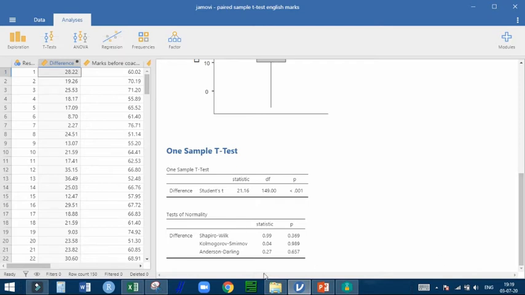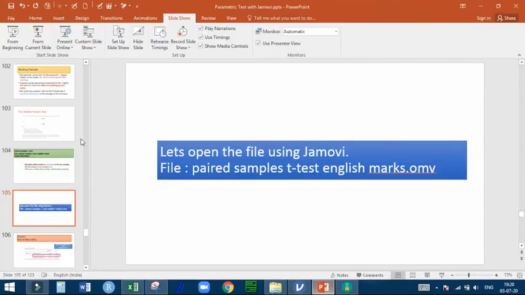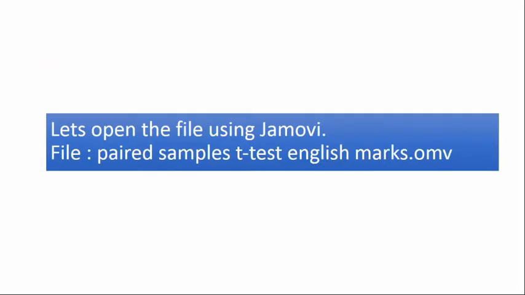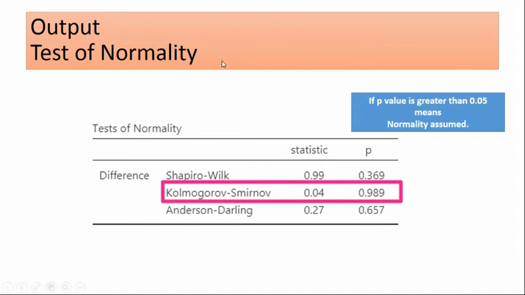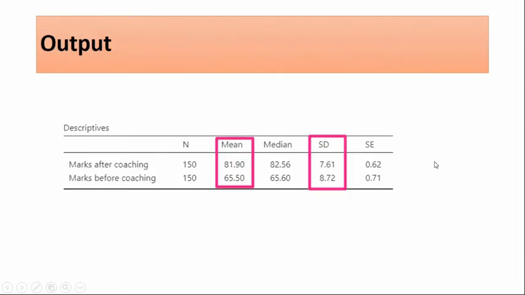Normality here is calculated by the Shapiro-Wilk test, because our sample size is less than 50. We will check this value, 0.989. Yes, if this value is greater than 0.05, it means the normality assumption has been fulfilled. Let's come to our slides. Yes, if the p-value is greater than 0.05, it means normality is assumed.